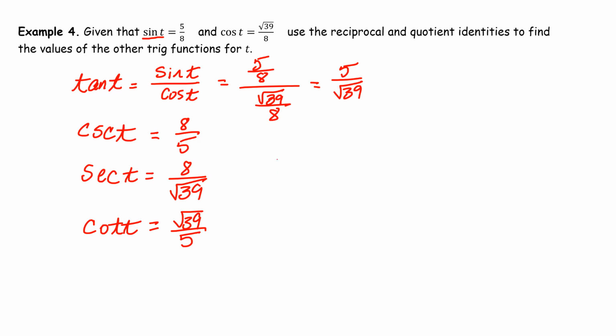So those are the other 4 trig functions for this t, and we'll go ahead and rationalize the ones that are not rationalized. So this would be 5 square root of 39 over 39, and this will be 8 square root of 39 over 39.